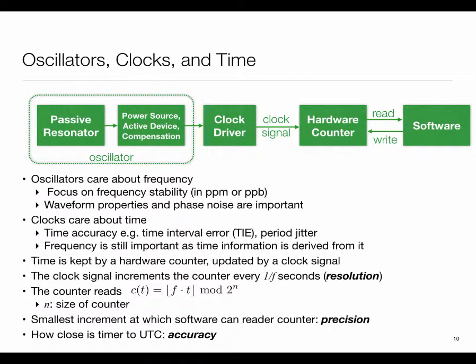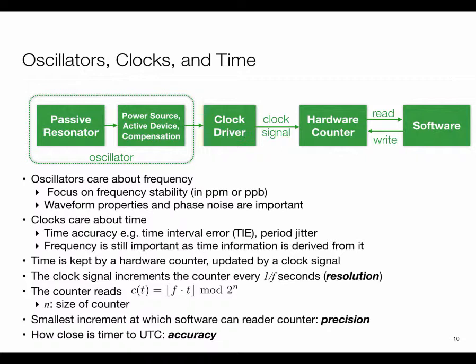Oftentimes these clock drivers have phase-locked loops which can multiply or divide the frequency. So you can say, I don't need the native frequency of the oscillator, but rather some multiple of it, or in some cases even fractional values. There are a lot of features exposed to the software.